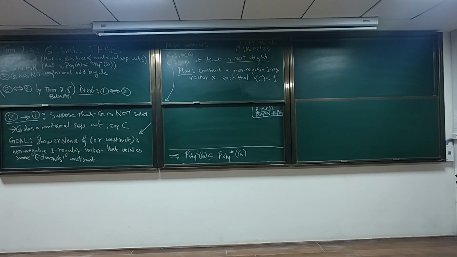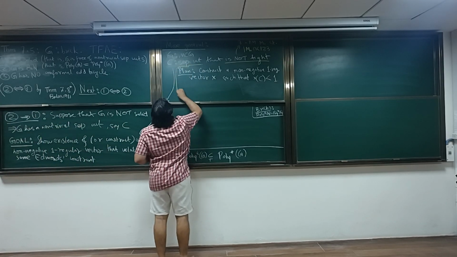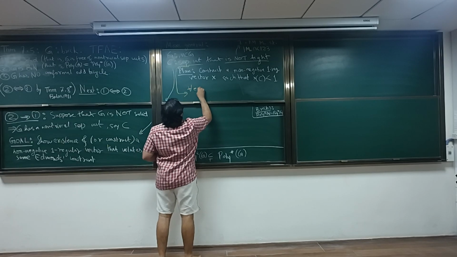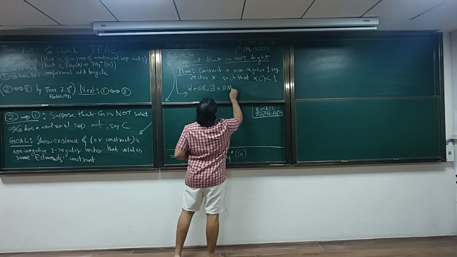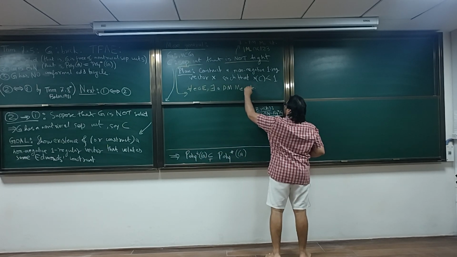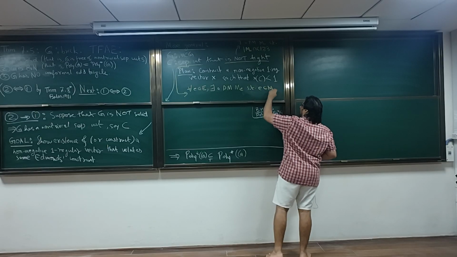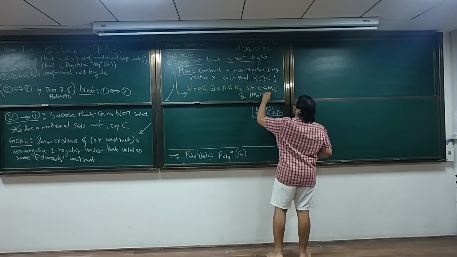Since it is a separating cut, for every edge there is a perfect matching that contains that edge and meets the cut in exactly one edge. For every edge e of the graph G, there exists a perfect matching Me such that e belongs to Me and Me intersection C is exactly 1.